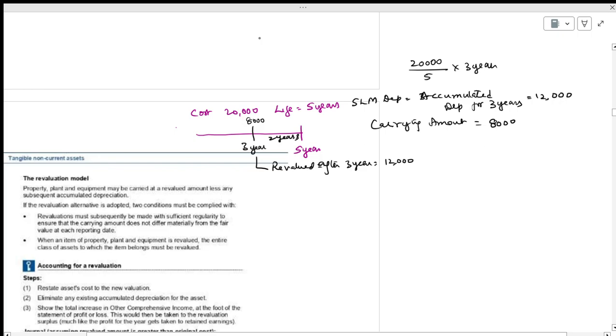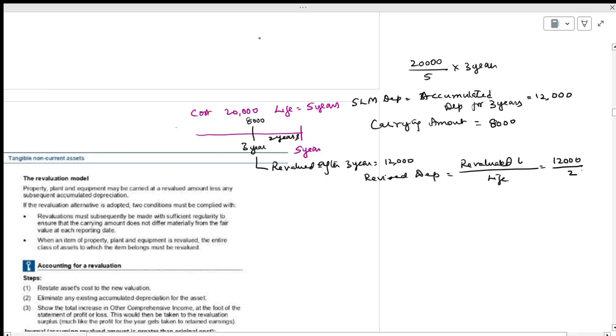Now again you have to calculate the revised depreciation. Revised depreciation is nothing but the revalued amount divided by the life. The revalued amount is 12,000.